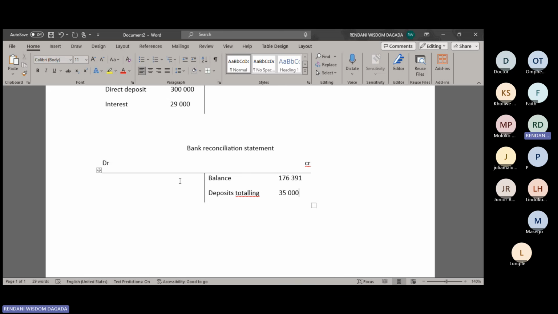So this is a debit amount. Since it's a debit amount, when we correct errors, we correct it on the opposite side. What is the opposite of debit? It's credit. So that amount is going to come here. Trust banking error. So the trust banking charges error is going to come this side, and we're going to put it there. How much was it? It was 20,000. That's why we're putting it there.